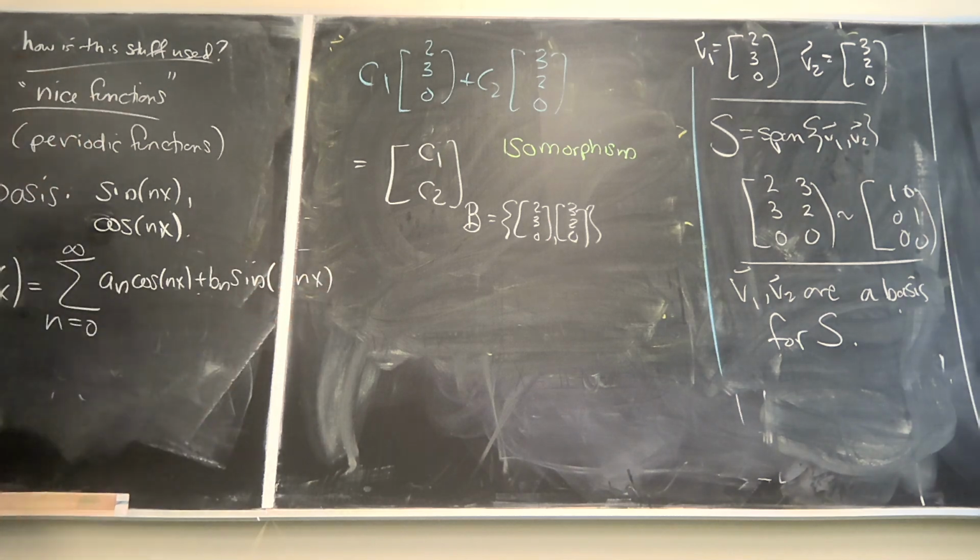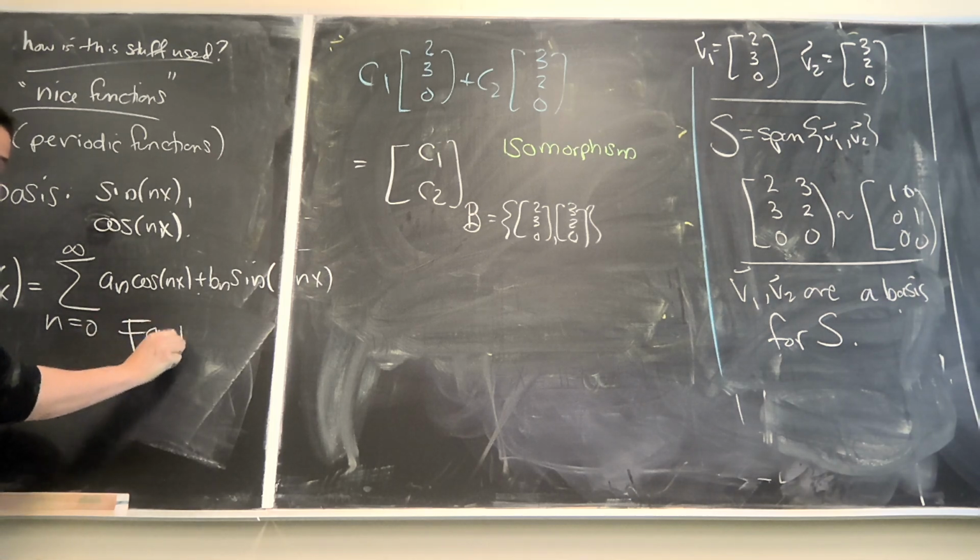Now, if you're a mechanical engineer and you study vibrations, you're going to be doing a lot of that. If you're an electrical engineer studying signals and control theory or RF stuff, you're going to be doing a lot of that. If you study heat in any way, you'd be doing a lot of that. Anything that oscillates, anything that moves periodically, you use this idea, which is called a Fourier series.